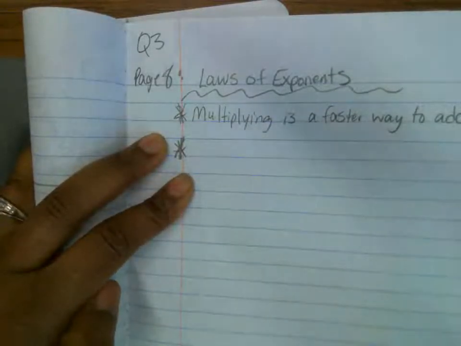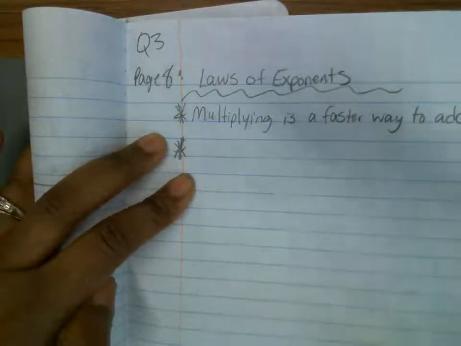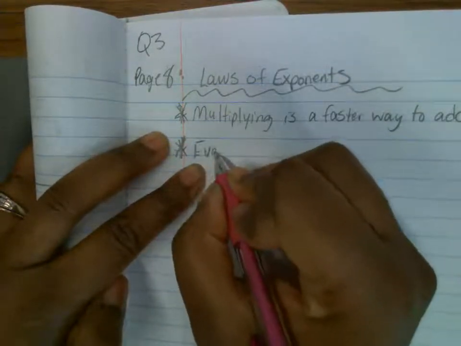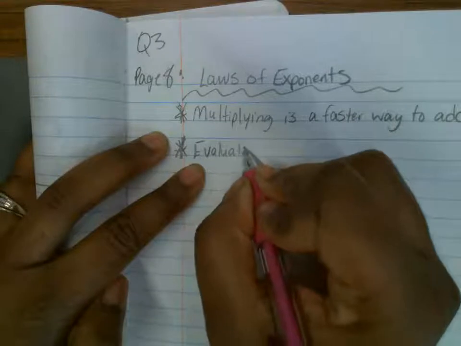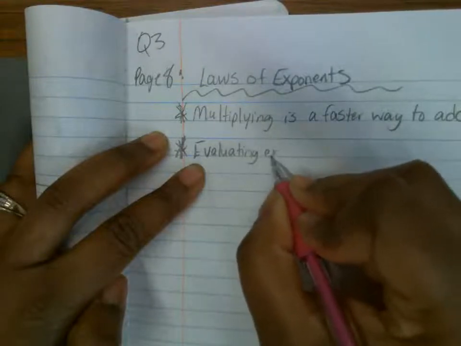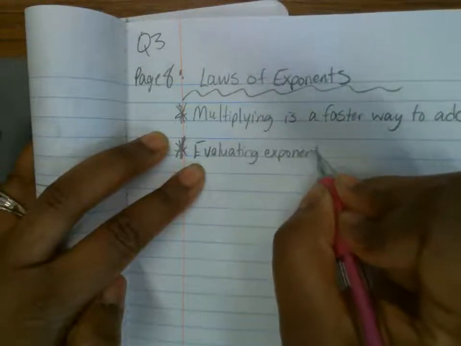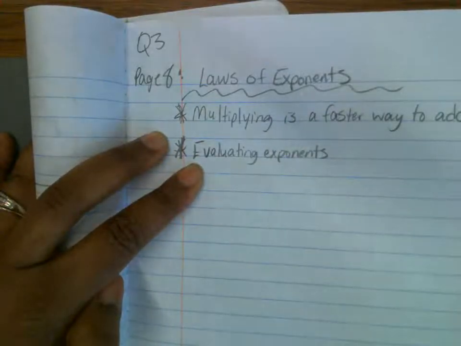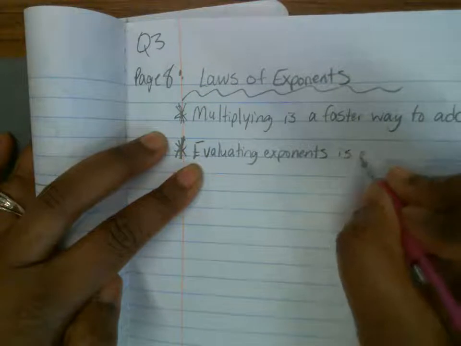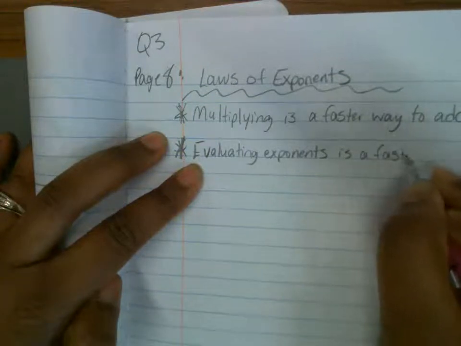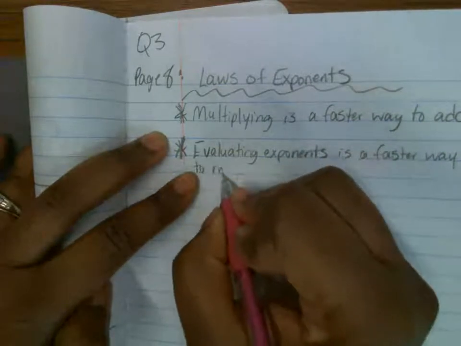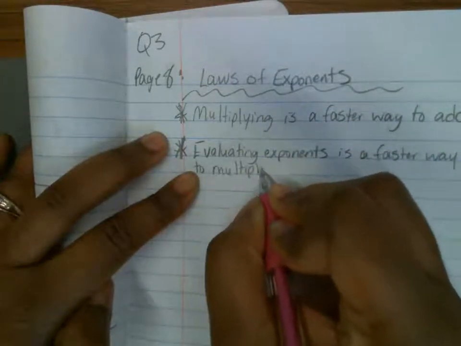Evaluating exponents or simplifying exponents is a faster way to multiply.